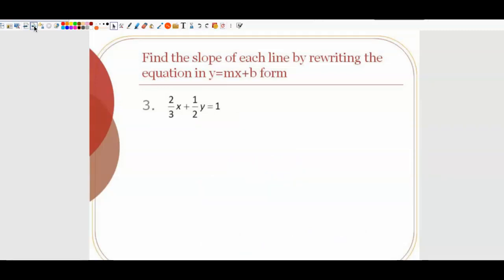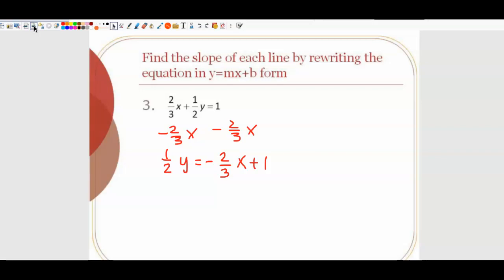In number 3, we're solving for y. So you're going to subtract 2/3 x. So again, this is why chapter 1, solving for a variable, was so important, because now we're solving for y. How do you get rid of 1/2?